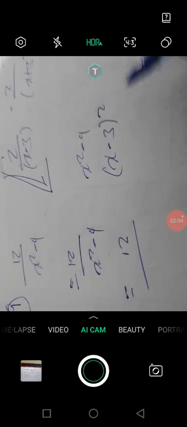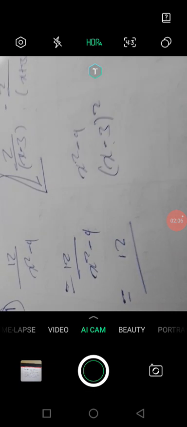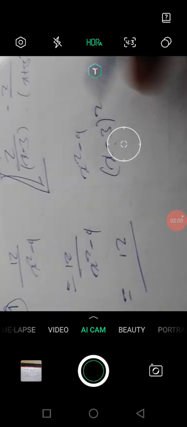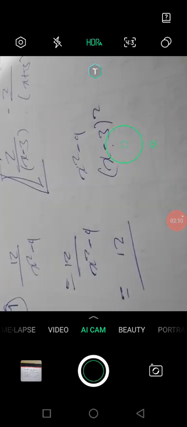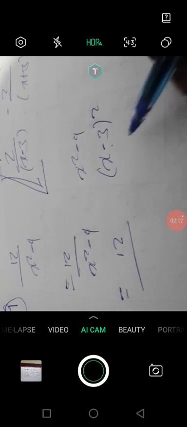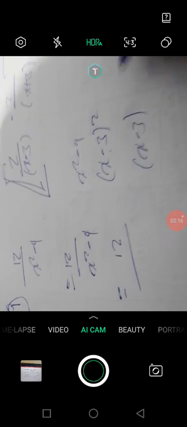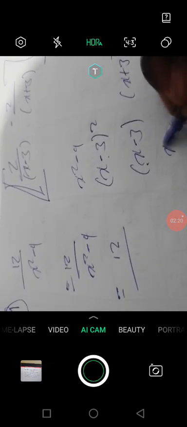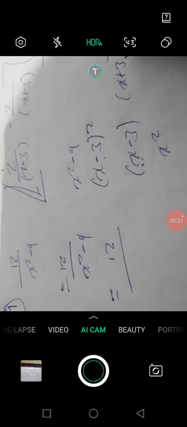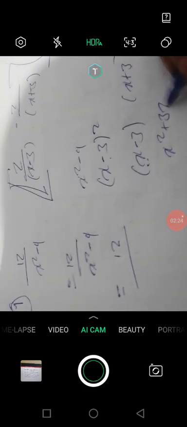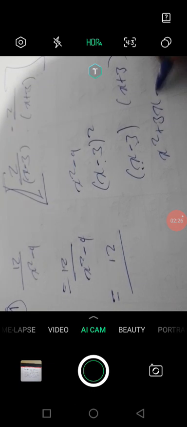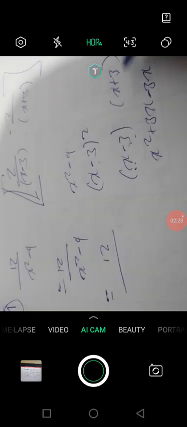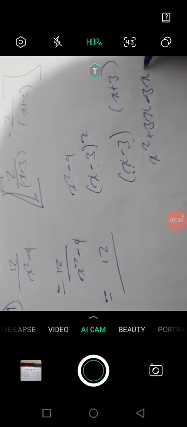When I say difference of 2 squares, we have to check that it is a difference of 2 squares. We take the factor x minus 3 and make a conjugate of it, so we say (x minus 3)(x plus 3). So x times x is x squared, x times 3 is 3x, negative 3 times x is negative 3x, and negative 3 times positive 3 is negative 9.